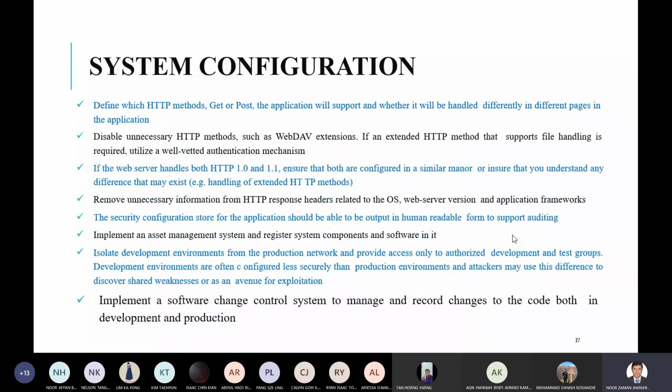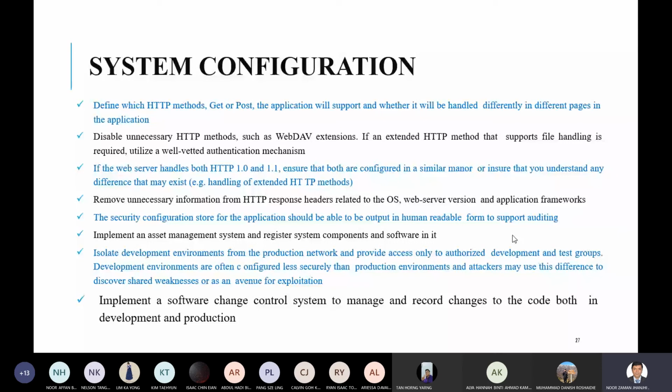So in the system configuration, again, there are so many things. We need to disable unnecessary HTTP methods and unnecessary versions. We need to implement a change control system to manage the record changes. We see how we are using the code.